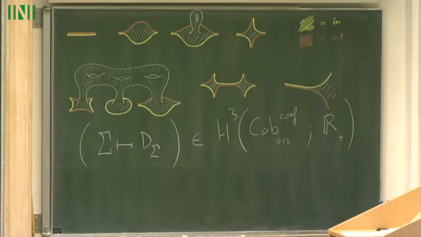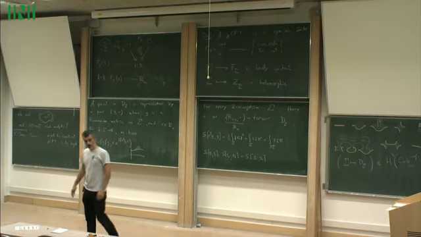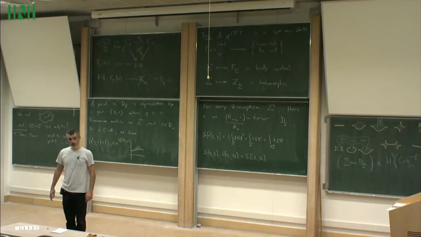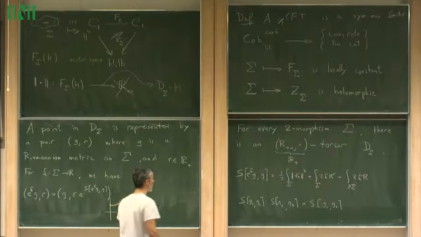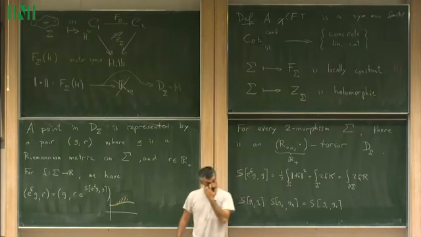I was imagining you get an element in H3. You get an R plus torsor over the moduli stack of surfaces, and the cohomology of that is somewhat comprehensible. The cohomology of an R plus torsor, I mean, this is a principal bundle over the moduli stack of Riemann surfaces.